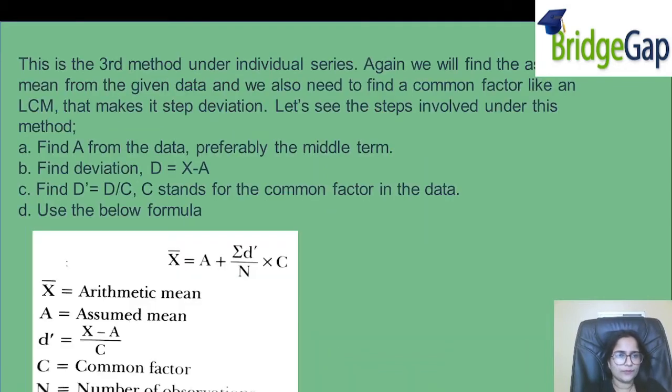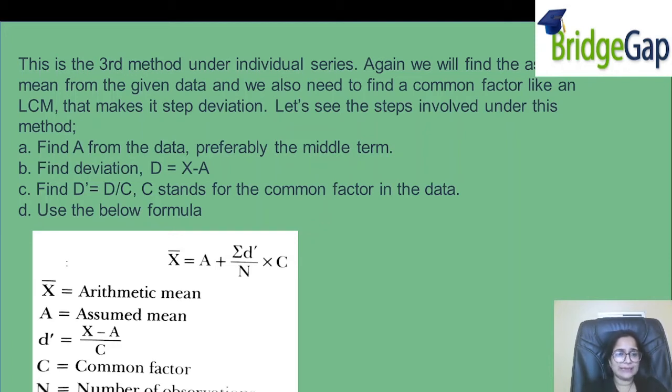Now coming on to the third method under the individual series. Again we have to find the assumed mean. The formula for this method is assumed mean plus sigma d dash upon n into c. Now what are d dash and c?